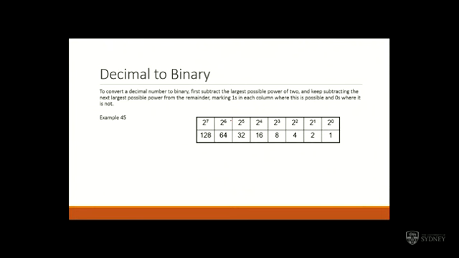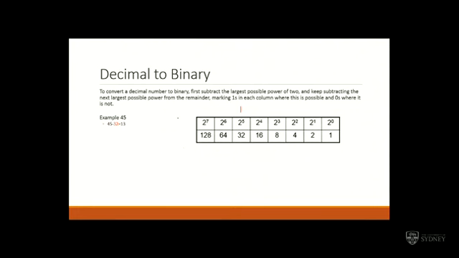Let's find the largest power of 2 that fits into our decimal number. 128 and 64 do not, but 32 does. So we'll put a check mark above 32. Now we subtract that power of 2 from 45, so we get 13. Our remainder is 13.